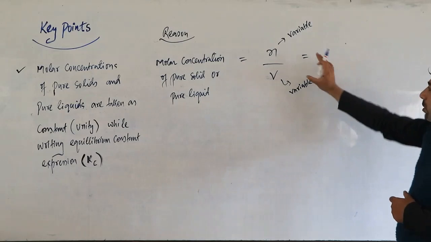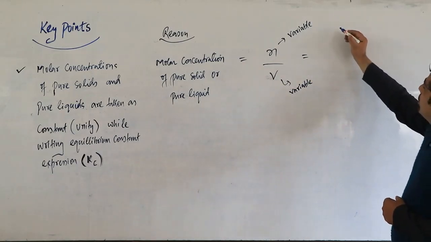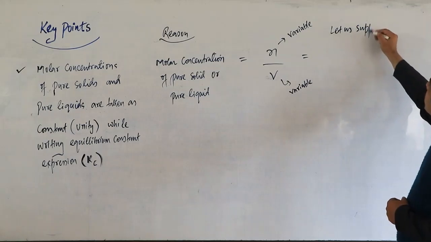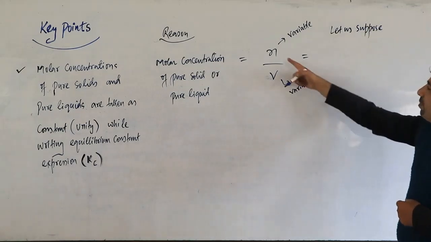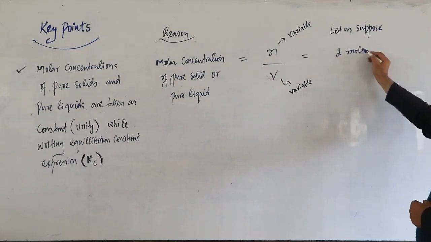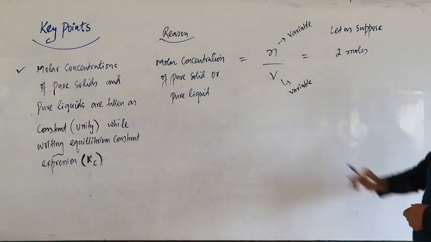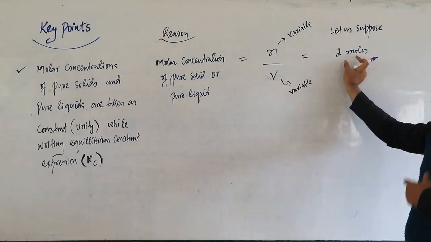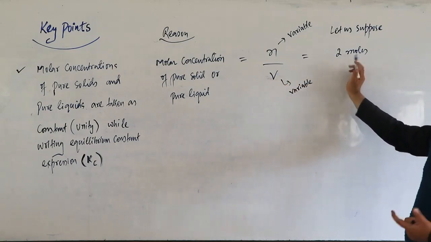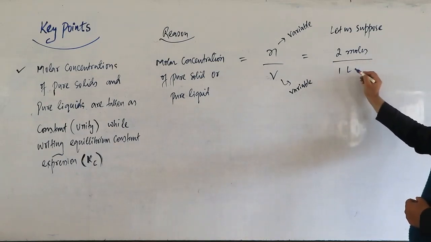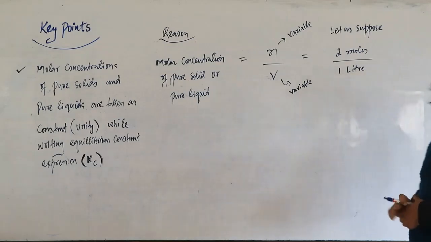So when we look into this expression, let us suppose we have n as 2 moles. Okay? And now if you look at the volume, 2 moles of solid or 2 moles of liquid are occupying, let us suppose, 1 liter of volume.